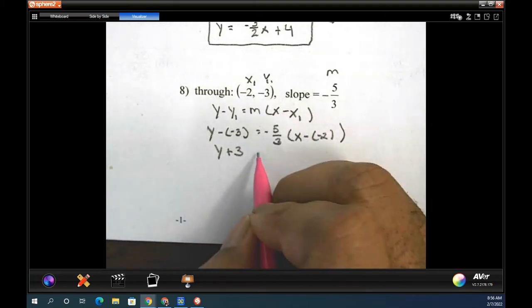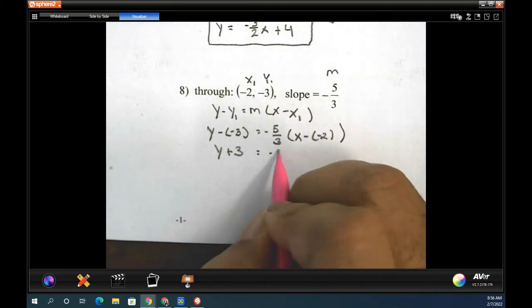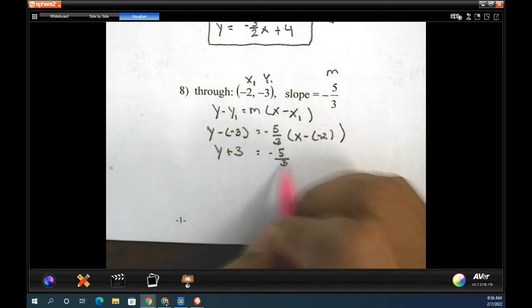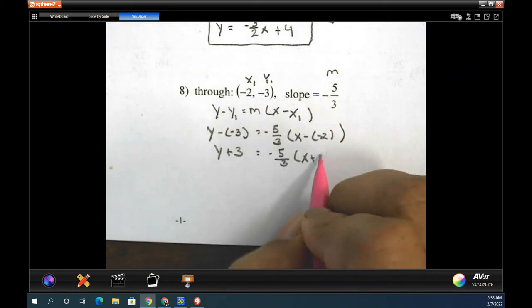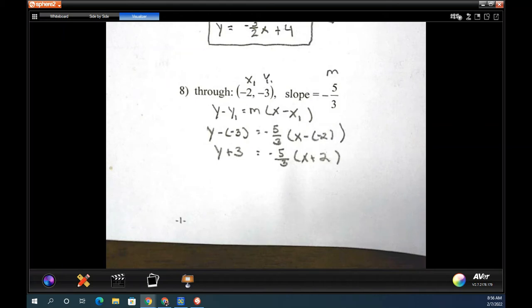Get rid of them before you even distribute, because that causes a lot of problems.